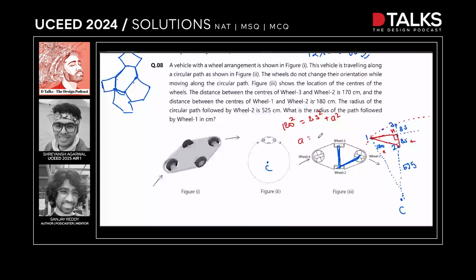So a square would be 180 square minus 85 square. I'll just write the values for now. That is 32400 minus 7225. Those are the squares. This would give you 25175.